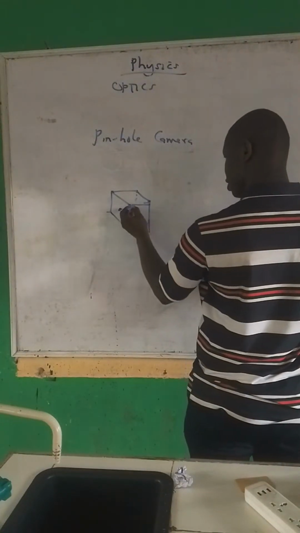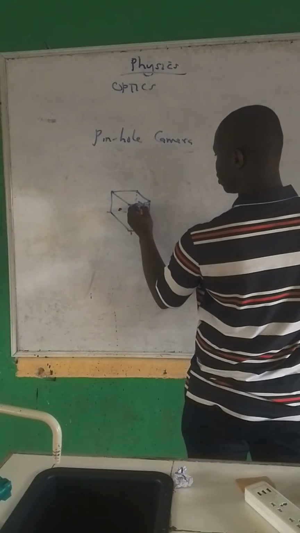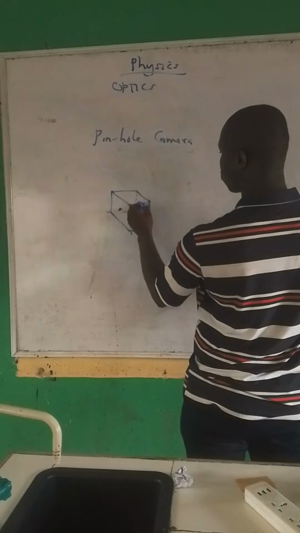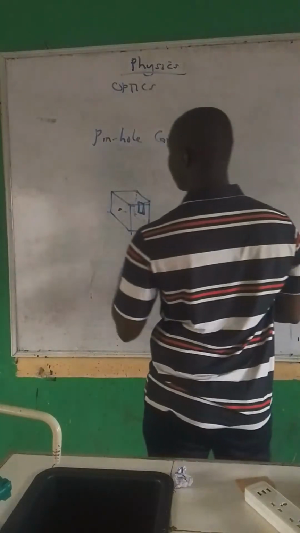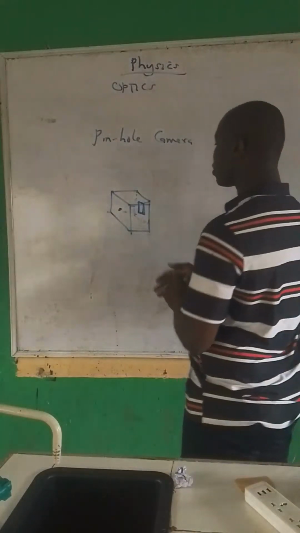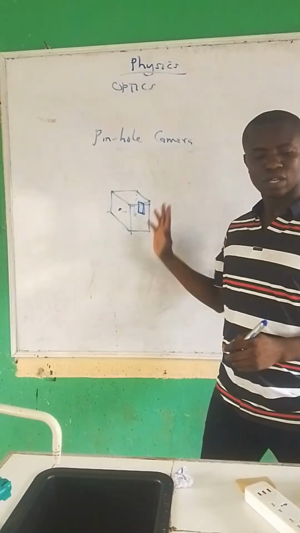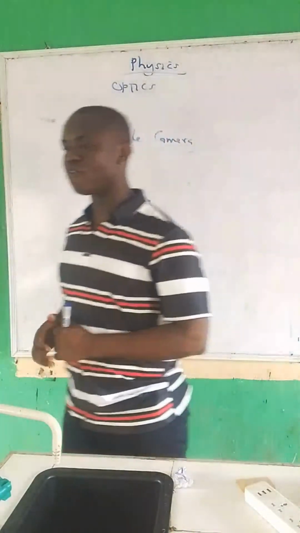Directly opposite that face, there is a photographic film. The light rays will be directly pointing at the opposite film, just directly facing it.